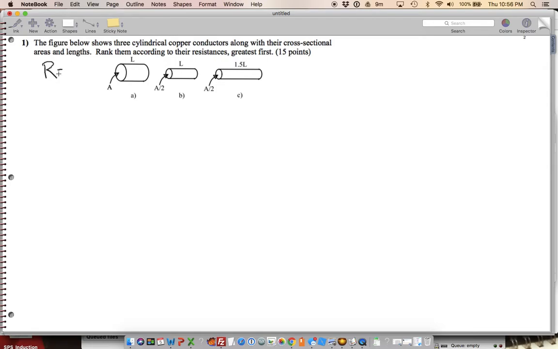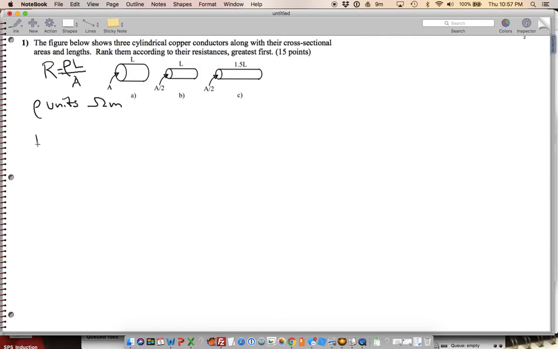So the resistivity formula: resistance is equal to resistivity times the length, and then over the area. And then let's just talk about units for a second. So the resistivity, rho, has units of ohms times meters.